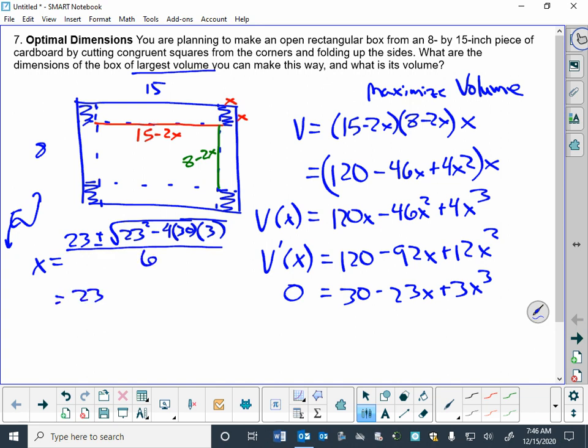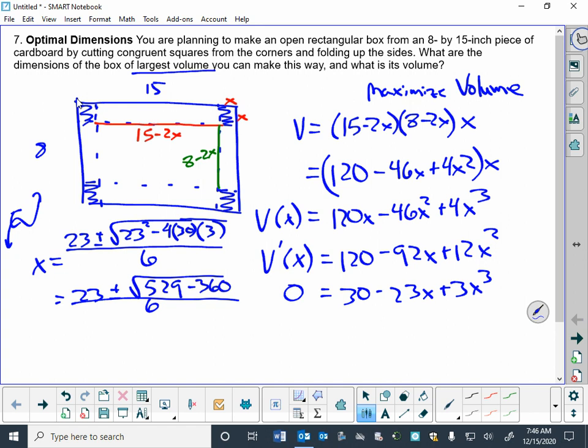So I have 23 plus or minus the square root of 529 minus 360, all over 6.